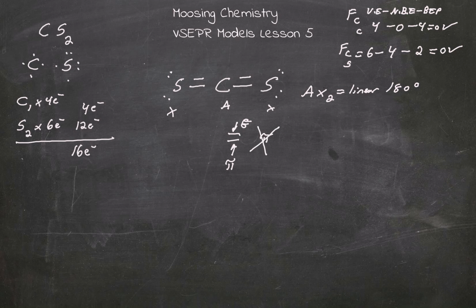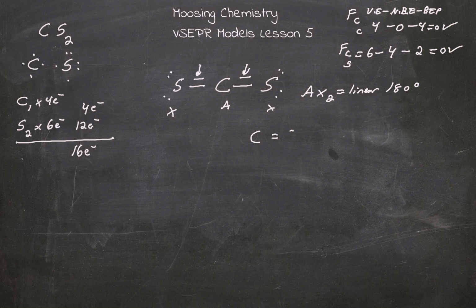So let's go ahead and clear all this. Erase this here real quickly. And so we've got that all erased again. I wish I had a bigger eraser. It'd be kind of nice, but we've got to go with what we've got. So carbon's hybridized orbital has 2 sigma bonds.